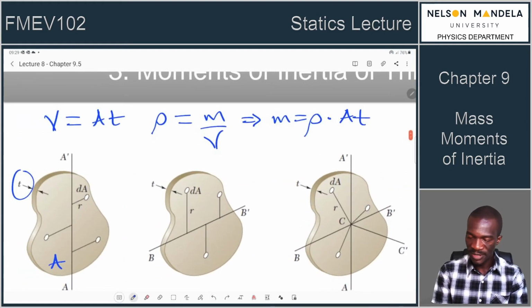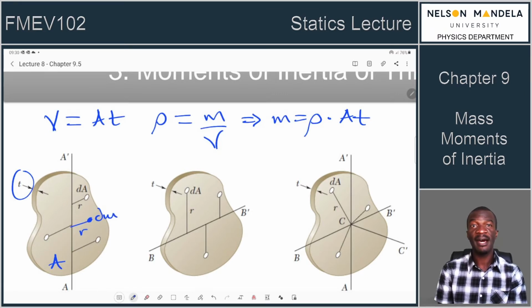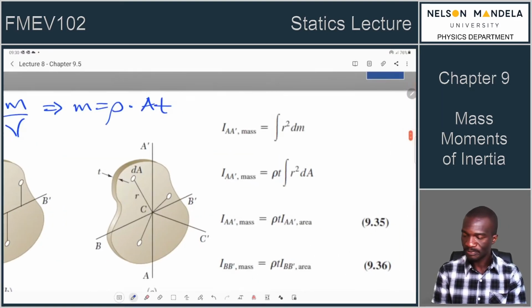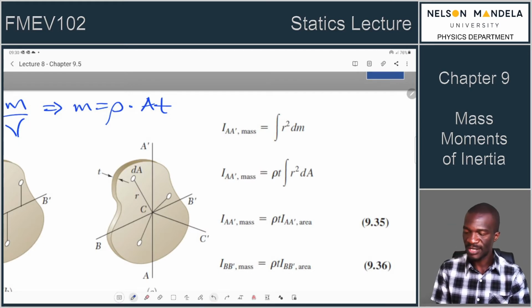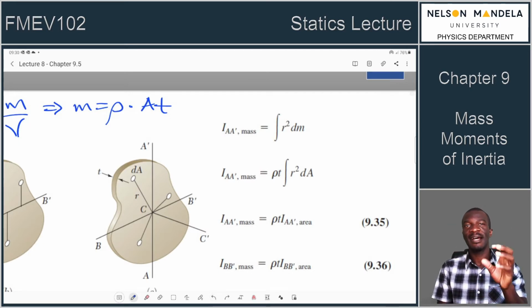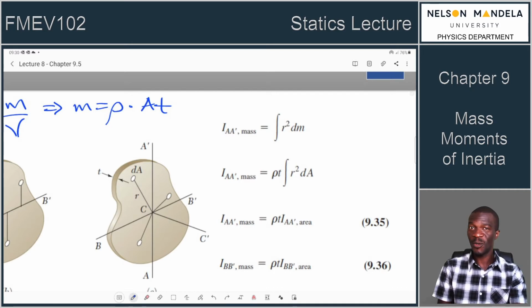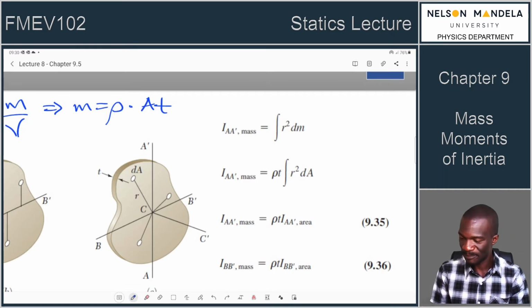So this would be, let's say, our dm, and it's a distance r from the A prime axis. Now we know this is our equation. So how then do we use this equation to interpret this object in terms of what we know, which are moments of inertia of areas, or second moments.